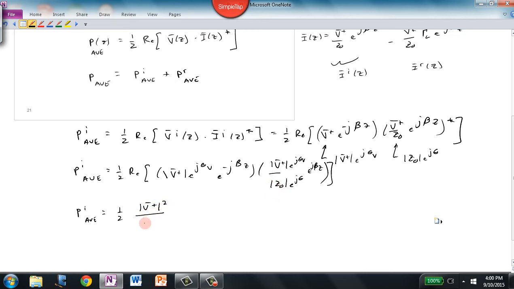We've got a z0 here, magnitude of z0. Real portion of e to the j theta v e to the minus j beta z times e to the j theta v e to the minus j theta, and then we've got e to the j beta z.